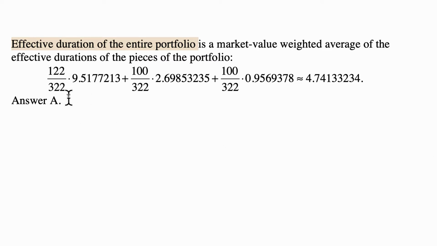It's 122 over 322, that's the fraction invested in the first bond, times its effective duration, plus 100 over 322, the fraction invested in the second bond, times its effective duration, plus 100 over 322, the fraction invested in the third bond, times its effective duration, and this comes out to be 4.74133234, which is answer A.